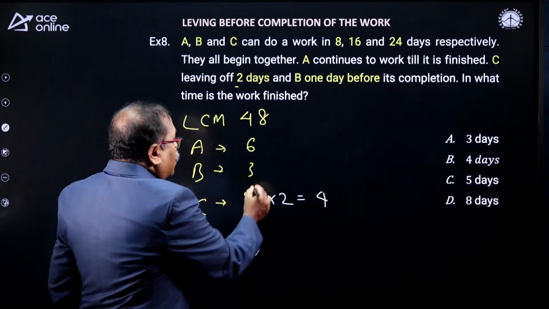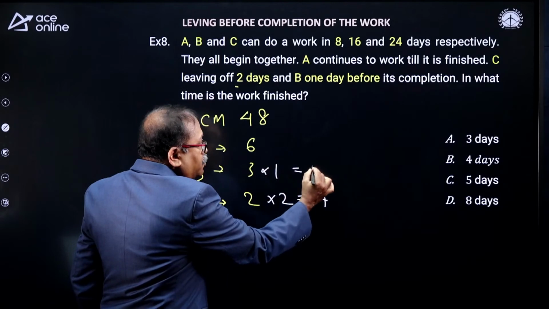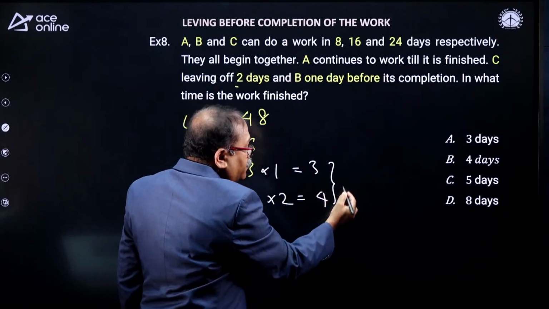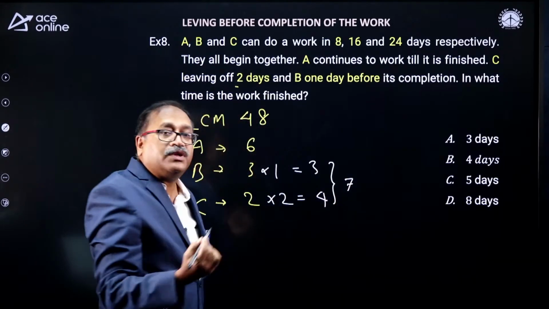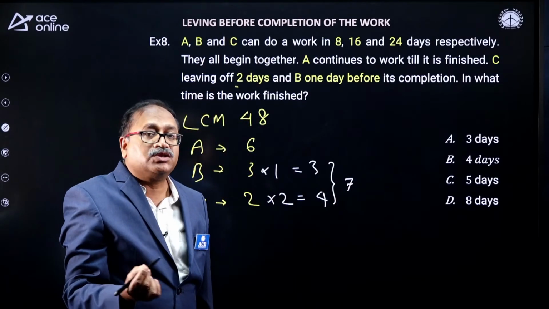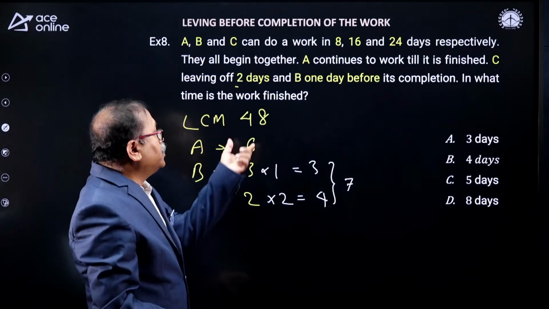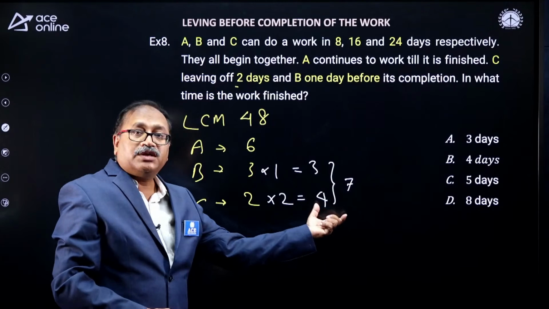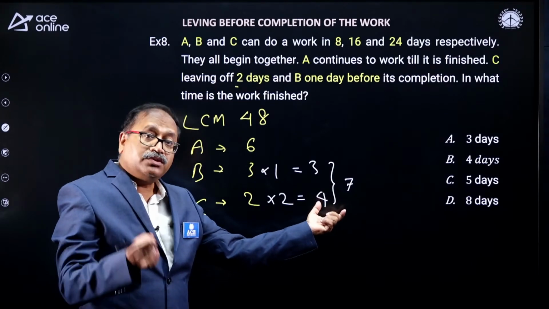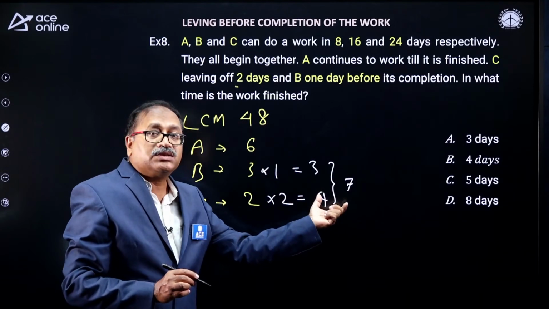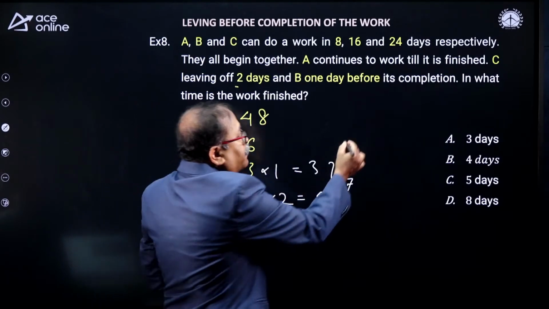B's 1 day work is nothing but 3 units. So they left these 7 units, and as they left the 7 units, the 7 units have to be done by someone. Therefore, the total work will now be 48 plus 7, which will be 55 units.